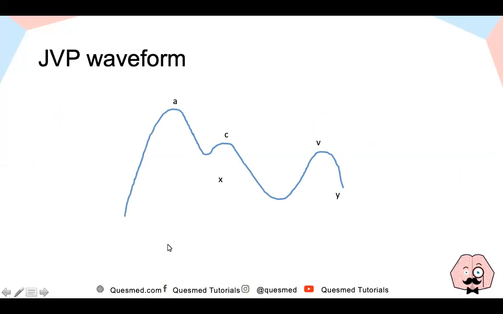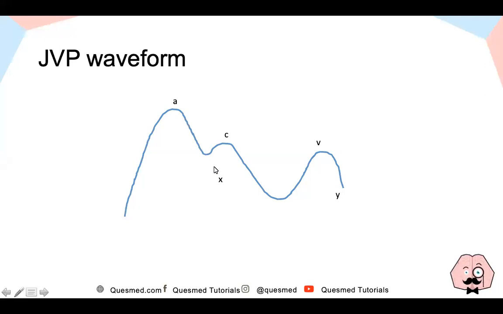But to break it down into just the single bit, we've got our A wave, so that's when our atria contracts. We've got our C wave, that's bulging of the tricuspid valve up into the atria.